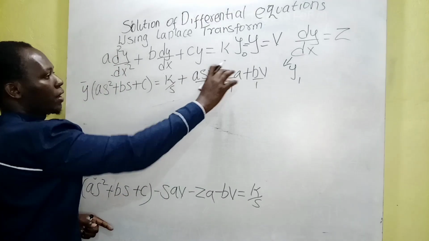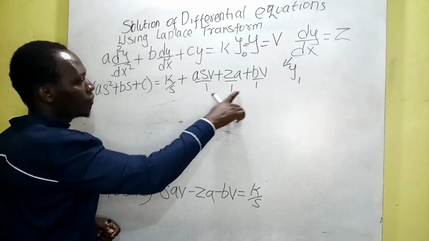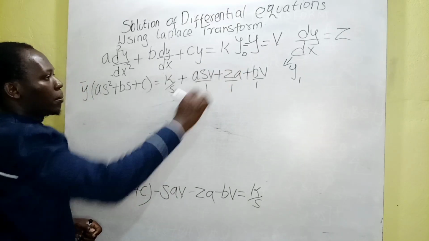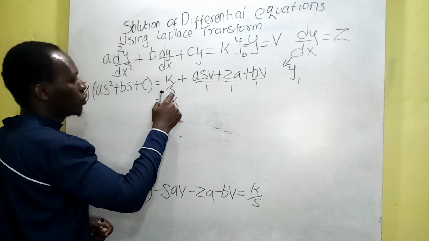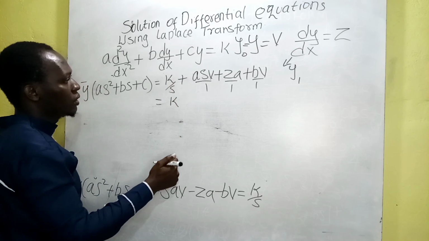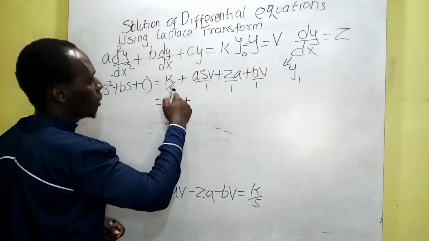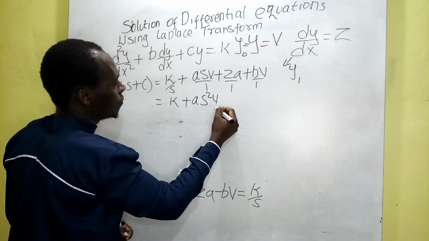We can simplify our equation on this side by saying that we take whatever we are having within the denominator, we multiply by everything. To mean that now we are going to have k, because when we take 1, when we take s, we multiply by this, we are going to have k. We come and add to as squared v.